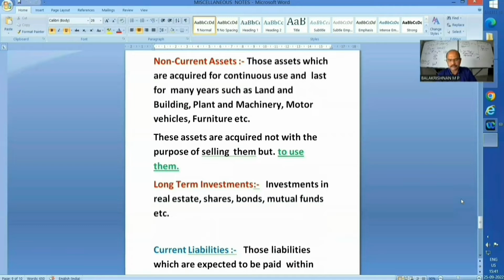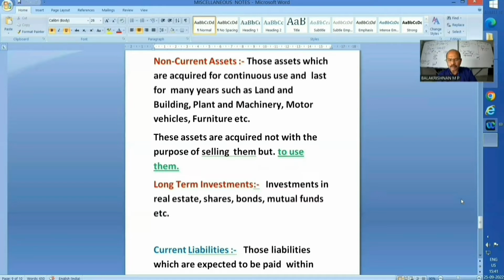Next one. Non-current assets. Those assets which are acquired for continuous use and last for many years, such as land and building, plant and machinery, motor vehicles, furniture, etc. These are fixed assets. These assets are acquired not with the purpose of selling, but to use them. For example, goods purchased for selling is an asset, but it will not come here.